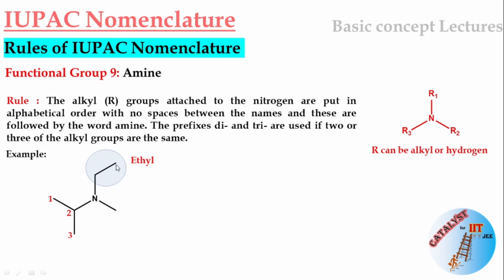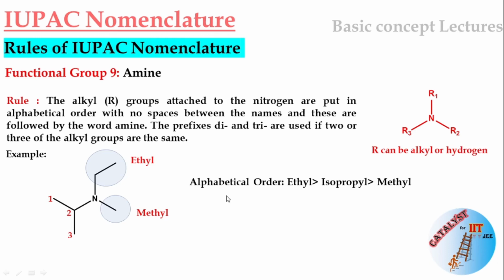Okay, and this substituent contains 1, 2 carbons, so it will be termed ethyl, and this substituent contains 1 carbon, so that will be methyl, and on the second position this whole functional group is present.